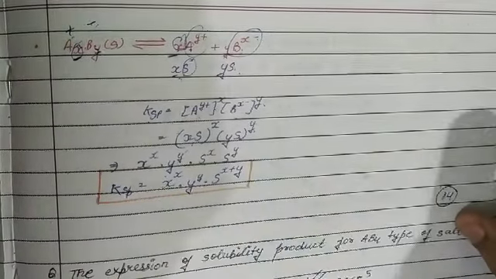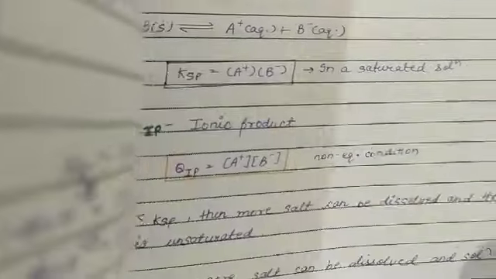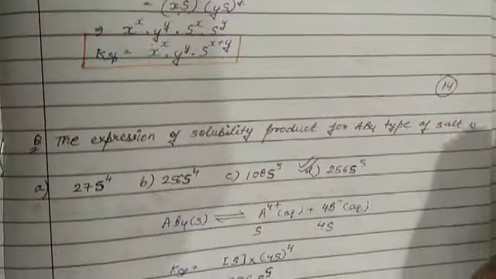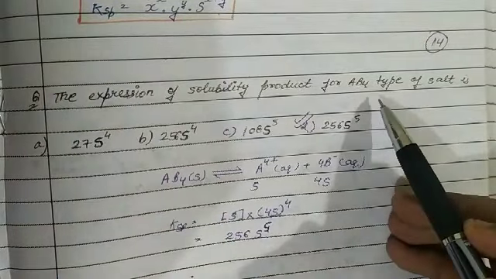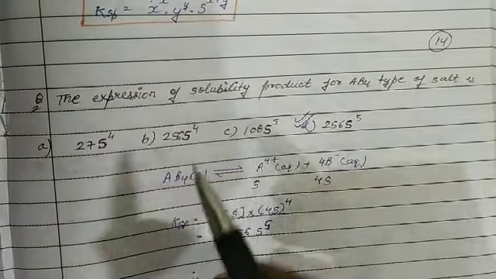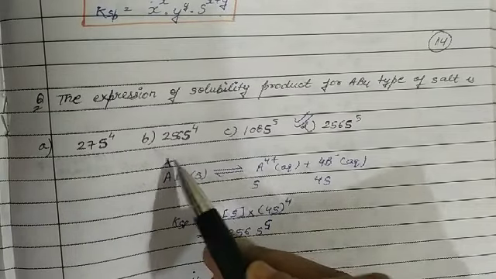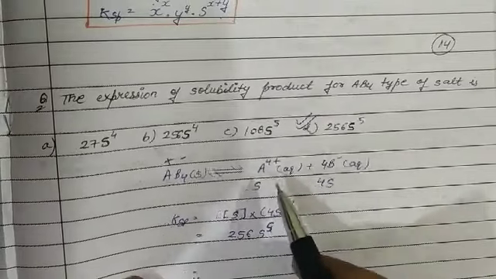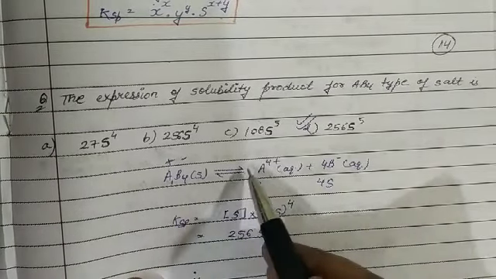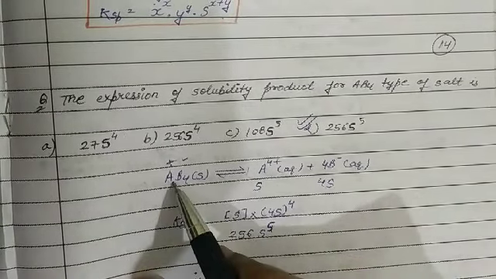Now see the next question based on solubility product. The expression of solubility product for this kind of salt AB4 is given. As we know, cation comes first and anion last. Now cross multiply. So it contains A4 positive ion, as it is 1, therefore 1 into A4 positive ion. Now cross multiply.